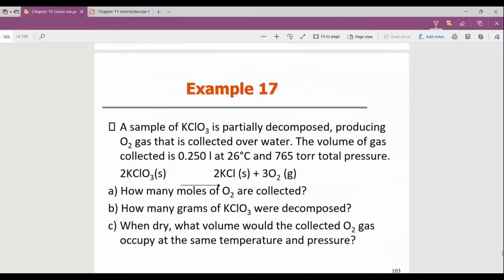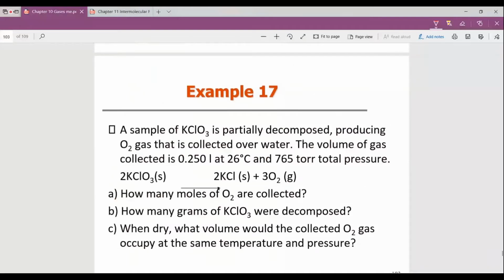A sample of KClO3 is partially decomposed, forming KCl and O2, collected over water. This is very important: collected over water. The volume of gas collected is 0.25 liter, at 26 degrees Celsius and 765 total pressure. How many moles of O2 are collected?